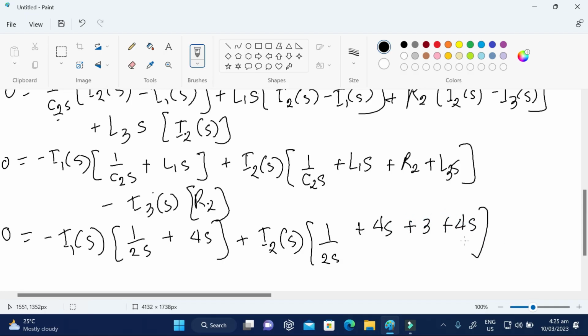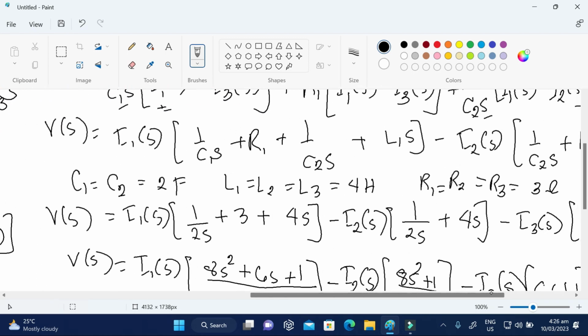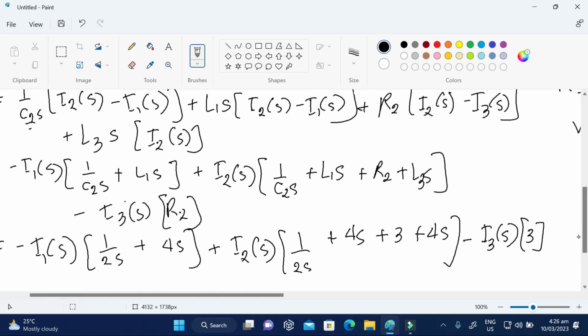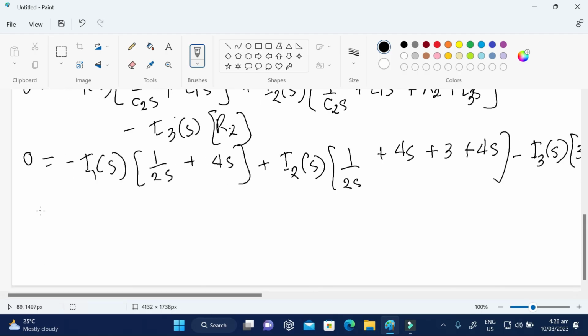Okay na? Minus I3 times R2 o R3. Okay na? Tama ba yung aking R2 ay 3. Okay na? So, then we simplify, okay, by having the least common denominator.